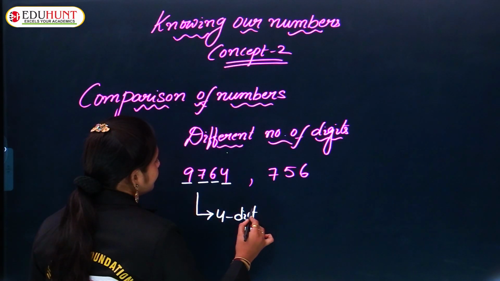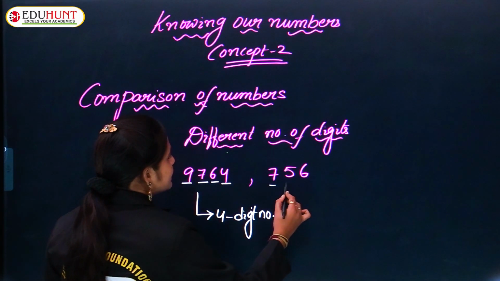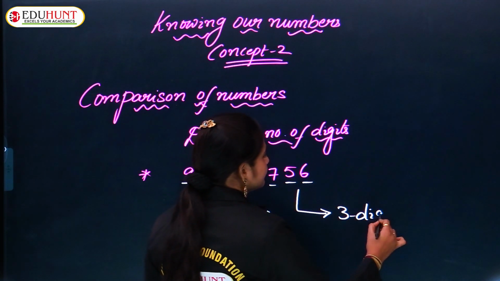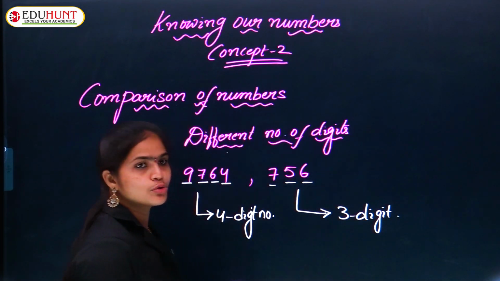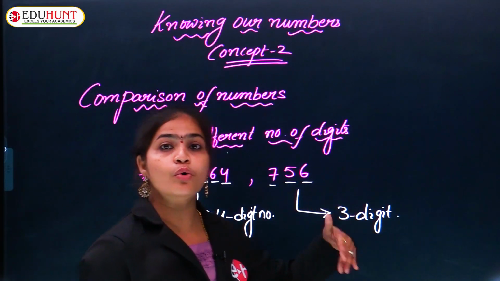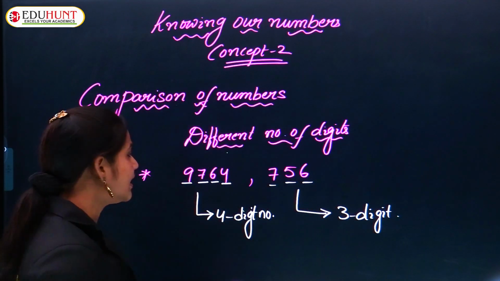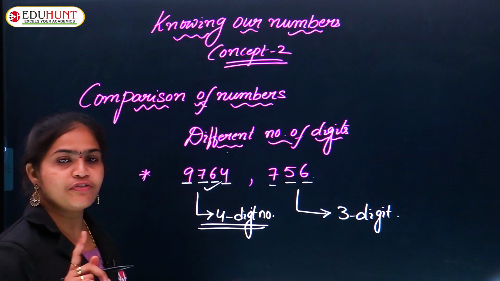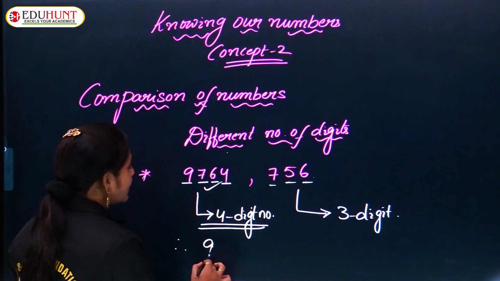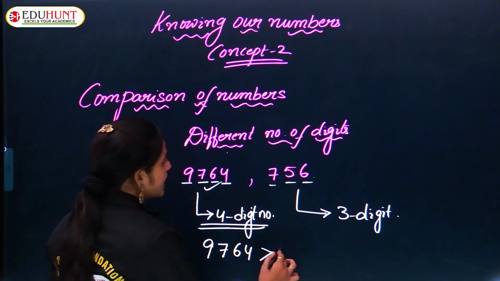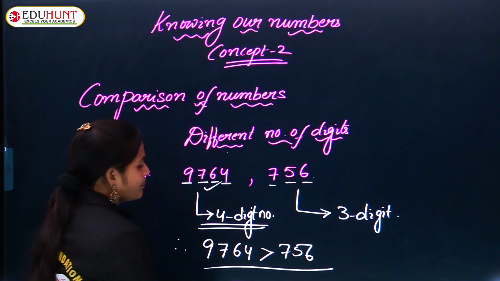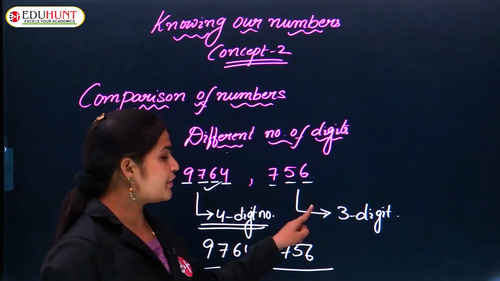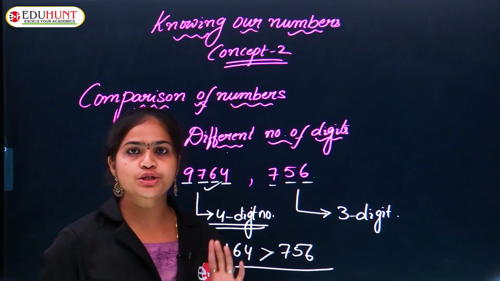And this has 3 digits, which means this is a 3 digit number. The number which has more digits is greater than the other. That is the first point. Here we can say 9764 is greater than 756.